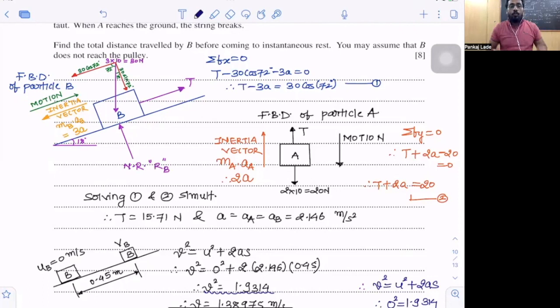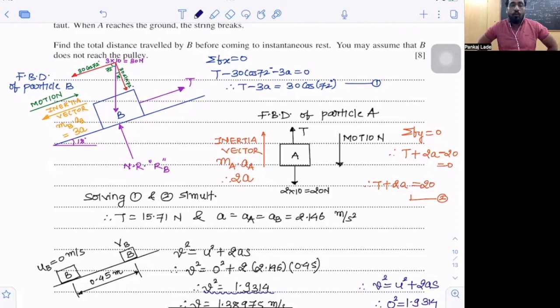Of course only practice will bring that decision making power into you, which method needs to be started in the exam. Since it's an 8-mark question, you need to give justice to this question. Of course we will not be solving this question by both the methods in the exam. We will be attempting the question by only one of the methods, but then you need to know which method we need to start with.